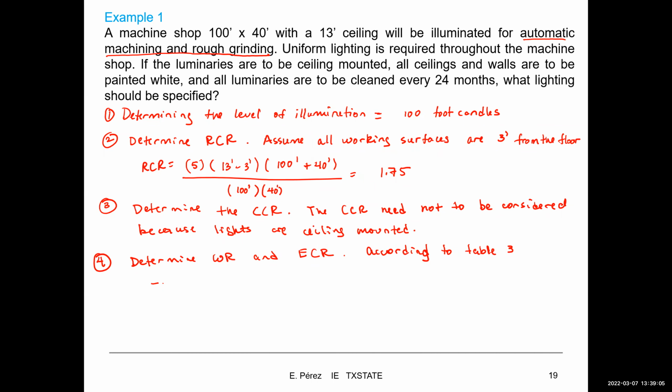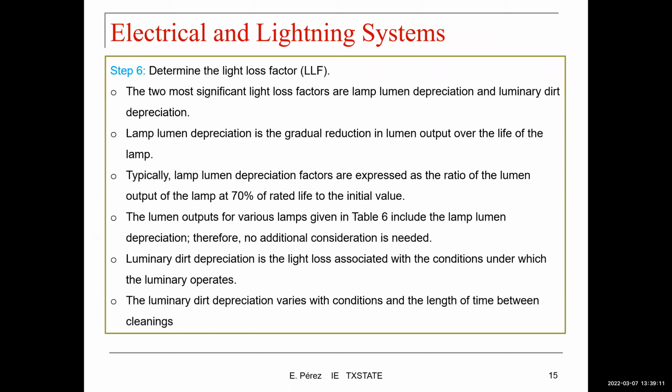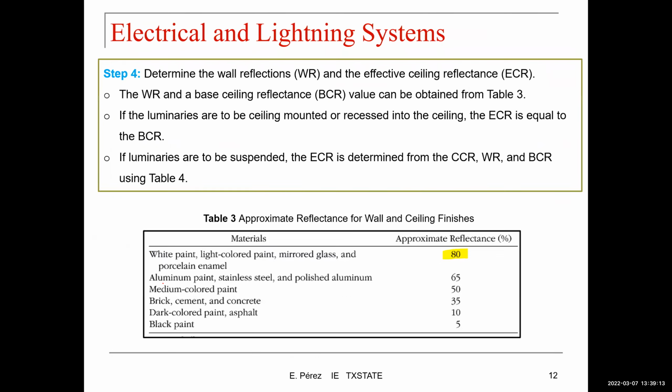So let's look at table 3. We have a white paint color, light color, right? That's the type of walls that we have in our facility. So the approximate reflectance is 80%.